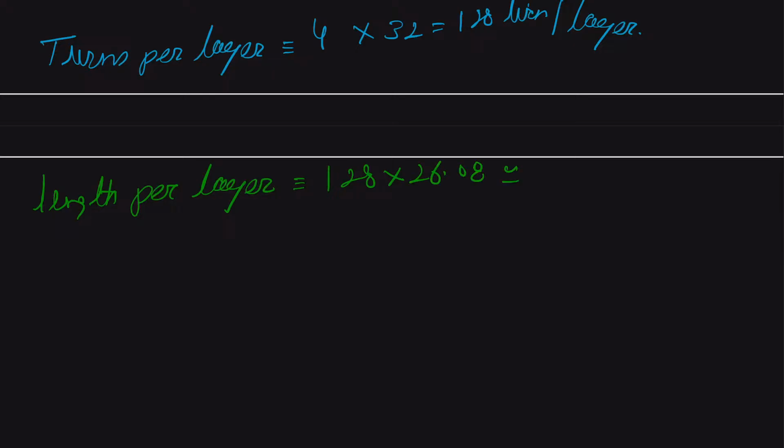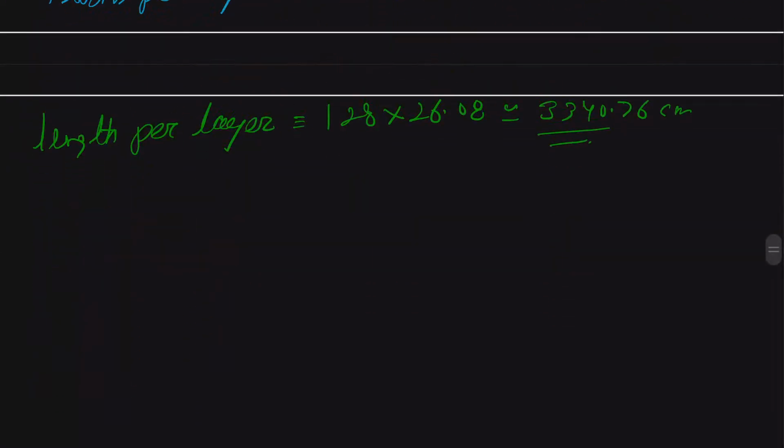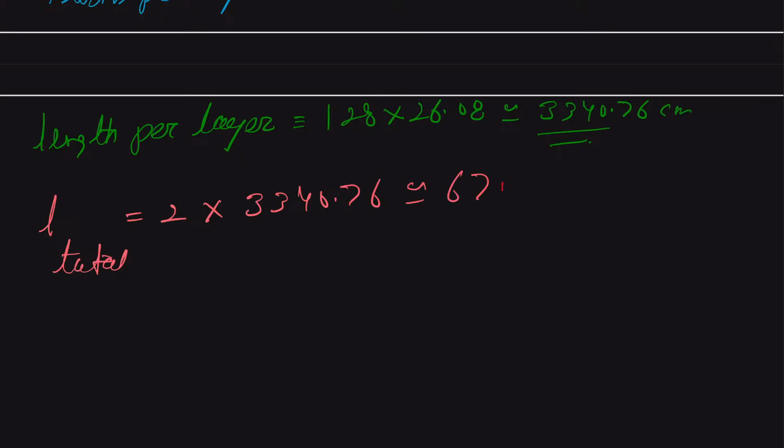So this approximately will be equal to 3340.76 centimeters, and therefore length total, which is our number of layers multiplied by this length per layer, 3340.76, approximately will be equal to 67 meters.